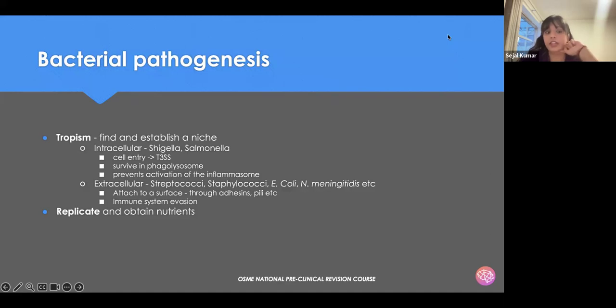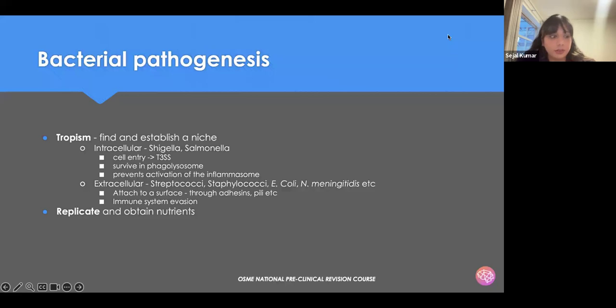The advantage of intracellular bacteria is that they can be shielded from the host's immune response a lot more than extracellular bacteria. So for example, white blood cells or antibodies, it's easier for them to survive that. So being intracellular is also an immune evasion technique, if you want to mention that.